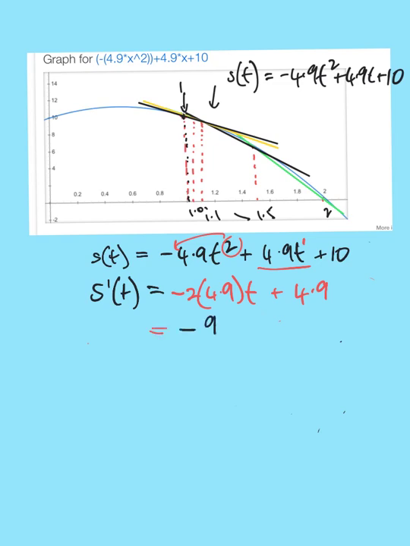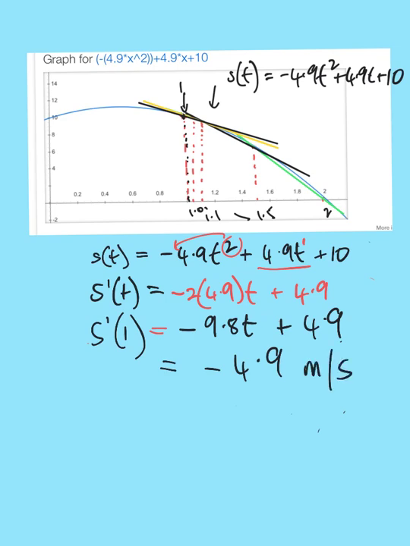So we've got negative 9.8t plus 4.9, and what is that when t is 1? So that's going to equal negative 4.9 meters per second at that particular point. But you see, using this gradient function, I could have substituted any point to give you the instantaneous velocity. That's instantaneous velocity at any given point.